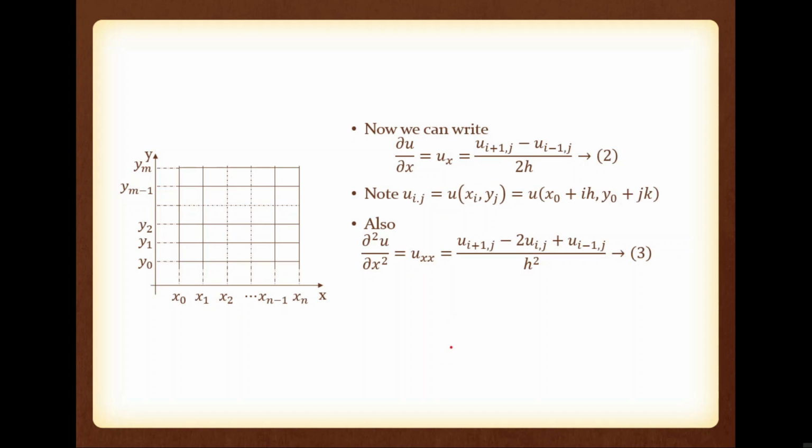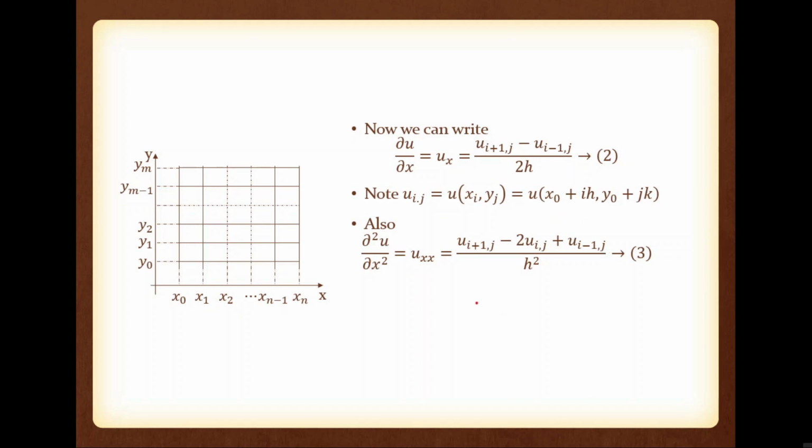So now if we know dou u by dou x and dou square u by dou x square, then you can easily write dou u by dou y and dou square u by dou y square. So please write that. Please write dou u by dou y and dou square u by dou y square. Okay, so I think you have that equation.